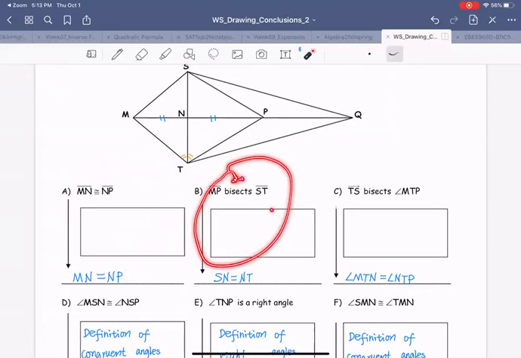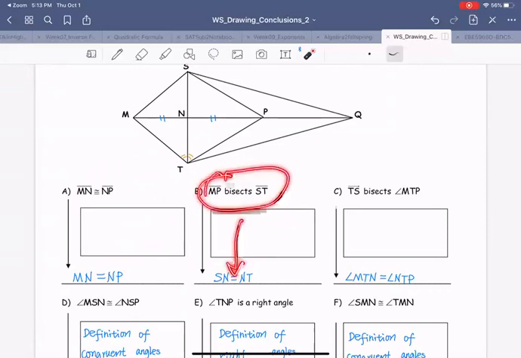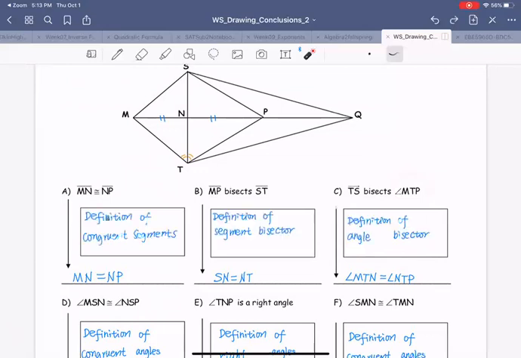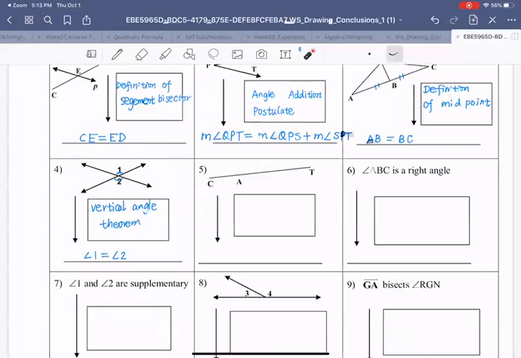Definition of segment bisector. When they show these two equal from somebody bisecting somebody, if this is a line, that's the definition of segment bisector. If this is an angle, that's the definition of angle bisector. That makes sense to you? The things we go through today, you have to do many times before you can pass or get a better grade on your quiz or test.